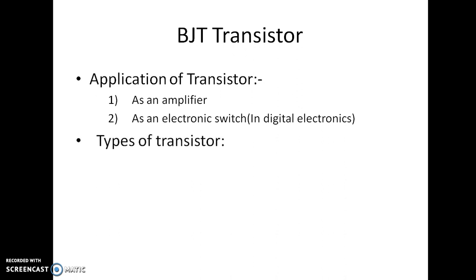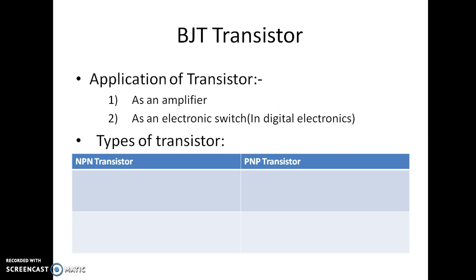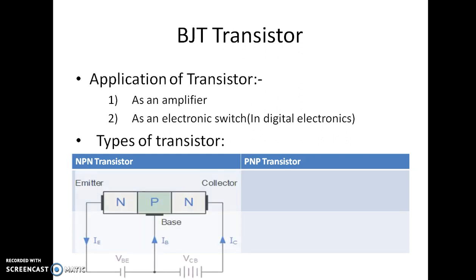Second, types of transistor. Mainly there are two types: NPN transistors and PNP transistors. This is the block diagram of the NPN transistor. The emitter is N type, base is P type, and collector is N type. Here the emitter-base is forward biased and base-collector is reverse biased.